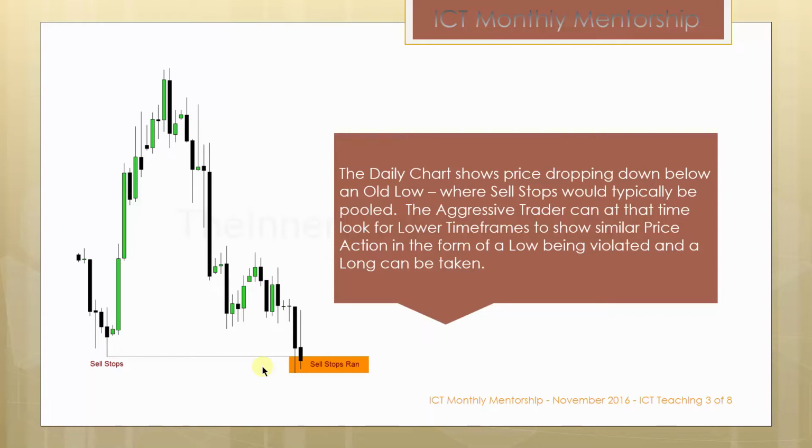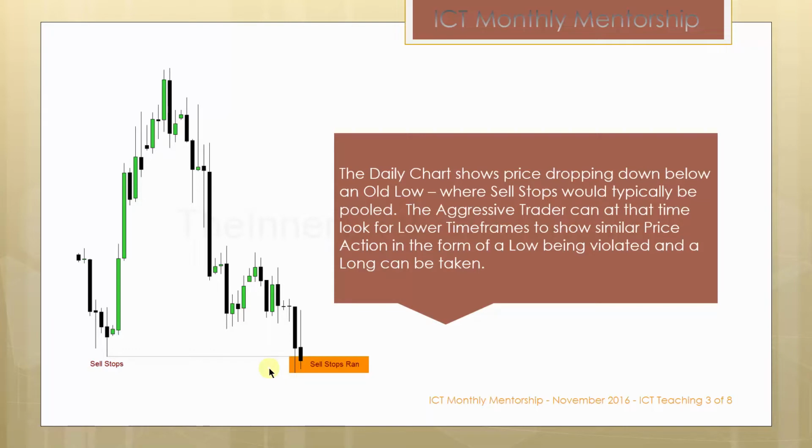So you can look into a lower time frame, study the price action, and come to basically the same idea you're seeing here, an old low. So we would wait for short-term price action on a lower time frame to create that same scenario, which is a low being violated, because everything in price is fractal.